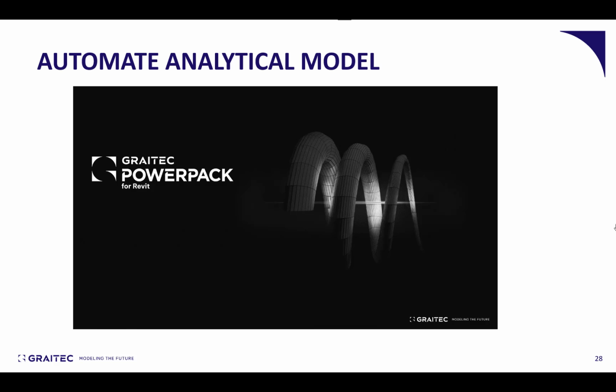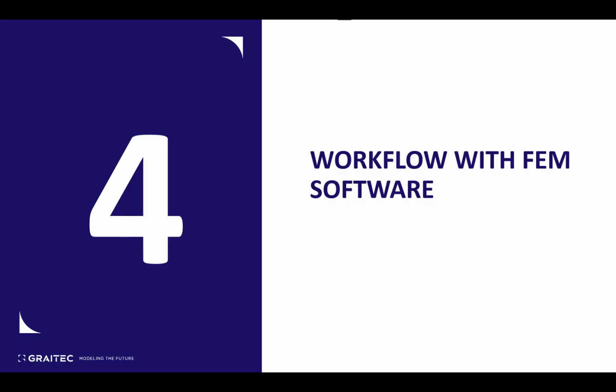So automate analytical model, in one word, is live analytical model creation based on the physical model, and it's really a nice tool, because the creation of the analytical model is done very fast and without affecting the Revit performance on the model itself. So let's continue with a workflow with FEM software to close this session.